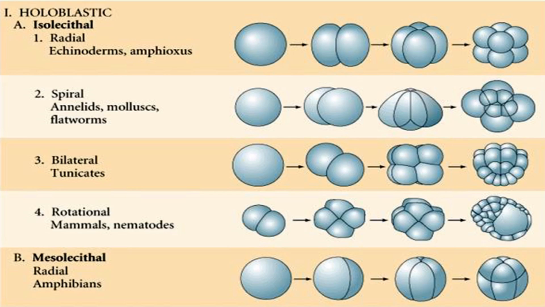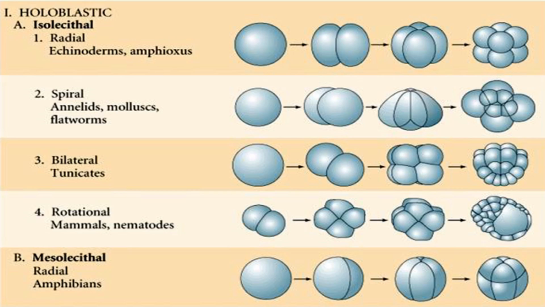The blastomeres divide in, you can say, left and right side, two sides, bilateral. Then is rotational. In rotational cleavage, after every cleavage, rotation of the blastomere occurs, as a result of which the blastodisc is formed in the case of the mammals.